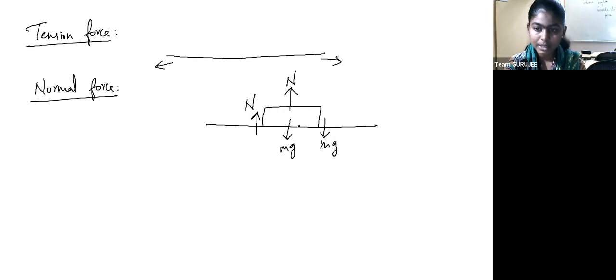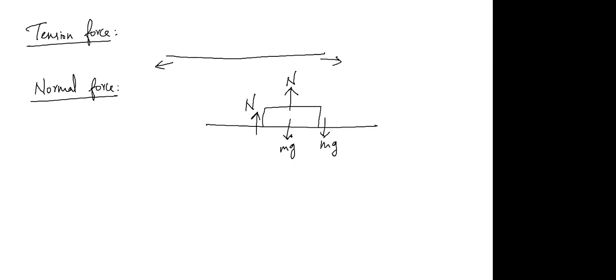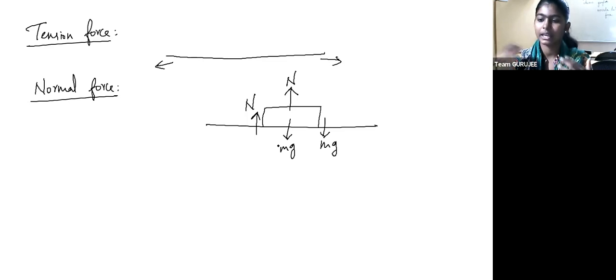Can anyone say what is happening in this place? When your mg is acting on this side and your normal force on this side, what is happening here? Ma'am, it is balanced, ma'am. Yeah, it is balanced. They cancel each other and get balanced. So this is also a balanced force example.